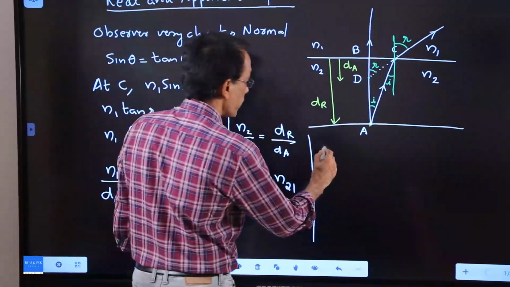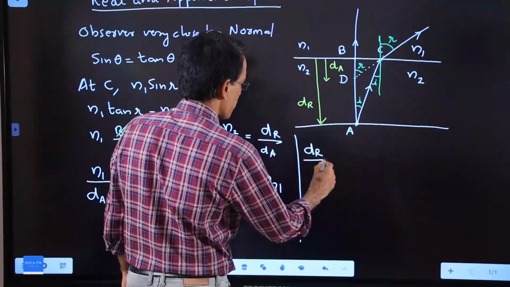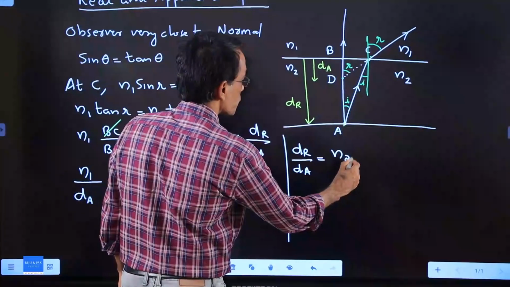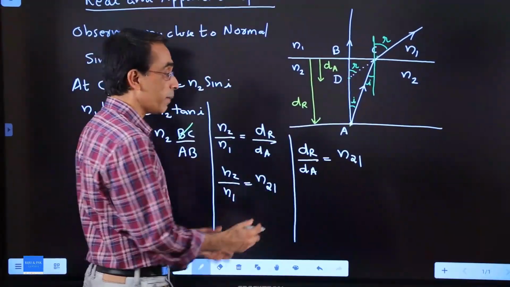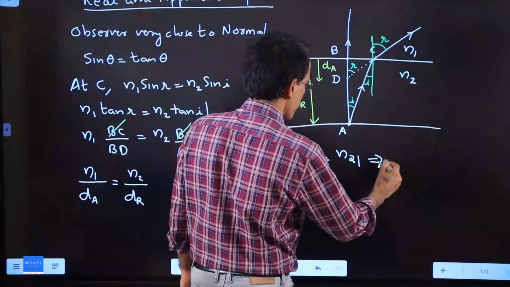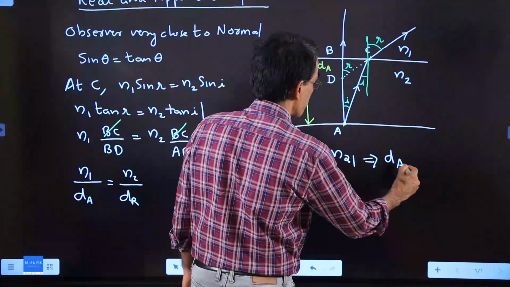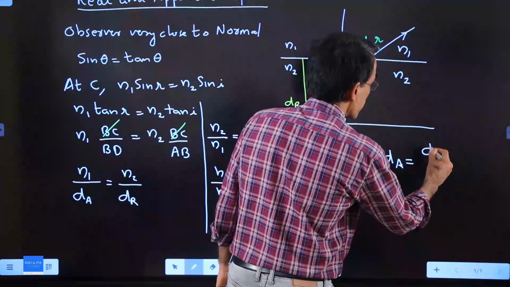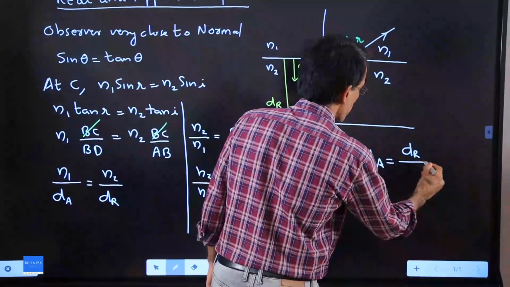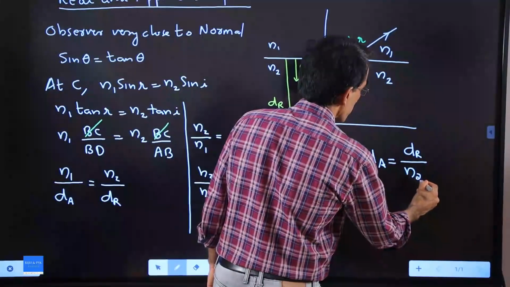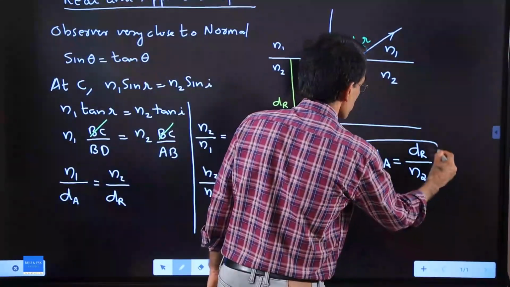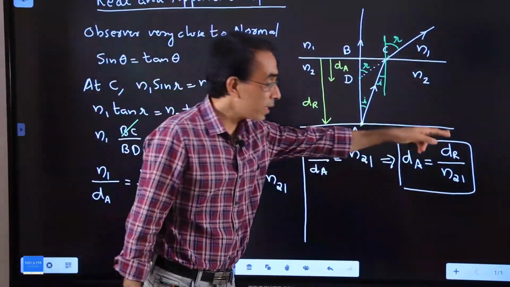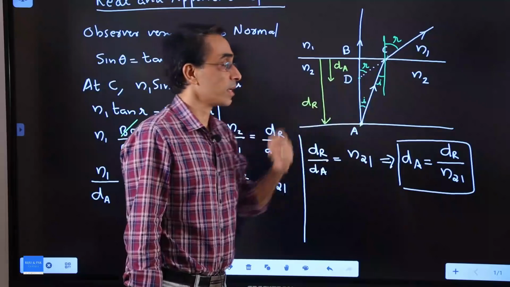Comparing these two, I will get d real by d apparent equal to n21, and I want d apparent. So from this I will get apparent depth equal to the real depth d real divided by refractive index n21. So how to calculate apparent depth? You have to divide the real depth by the refractive index.